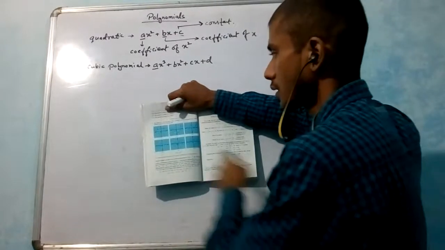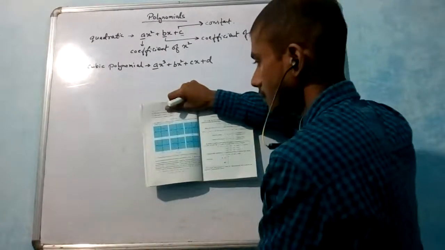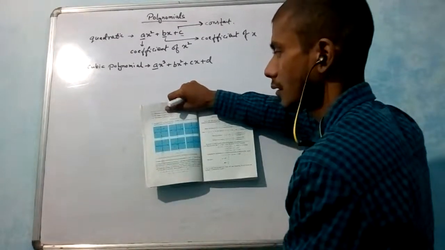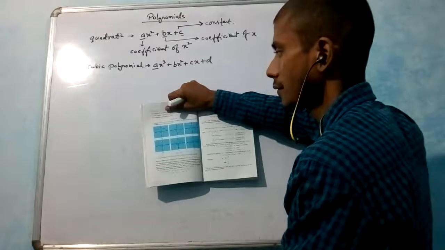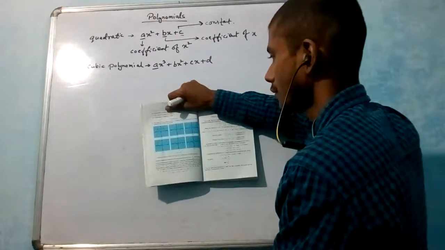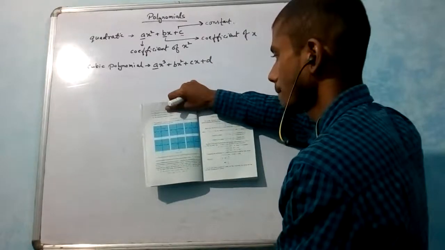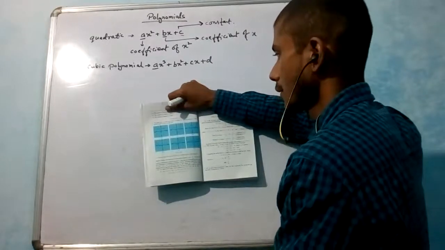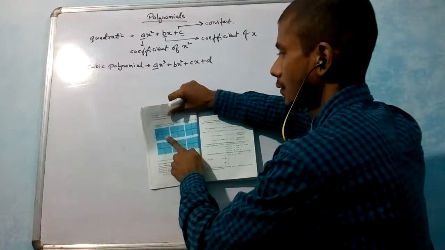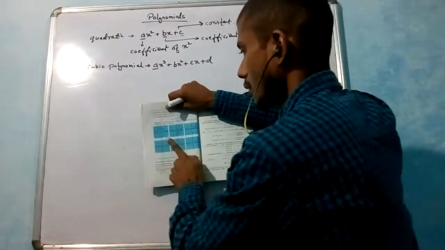In this case, at how many places is it intersected by the x-axis? First question, first one.